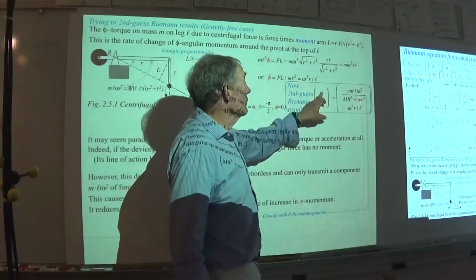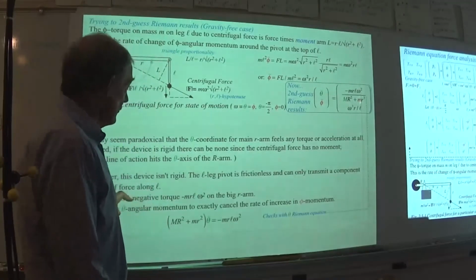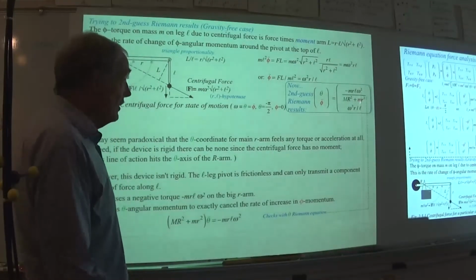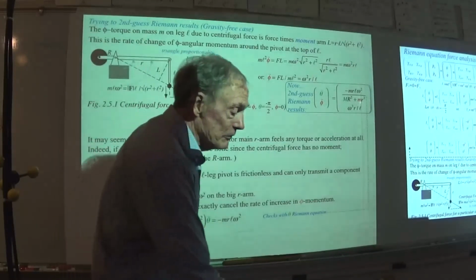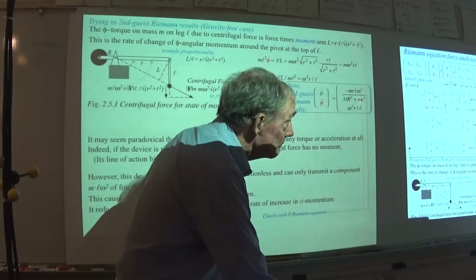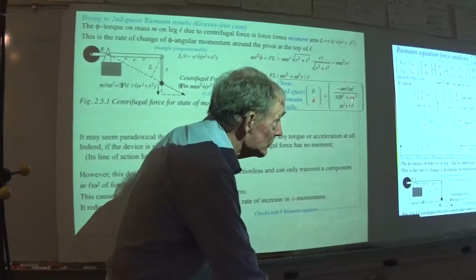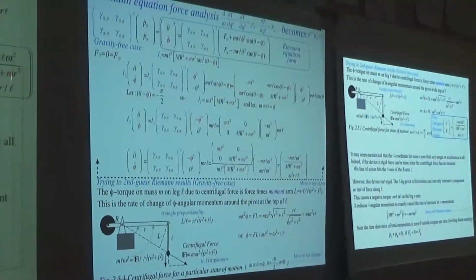We're after how the acceleration of the big arm is being affected by that. And so we write this equation right here. And that does check with the Riemann equation. So let me put that on the right-hand screen here, because that's kind of a victory right there. So this is kind of like the skater analogy.